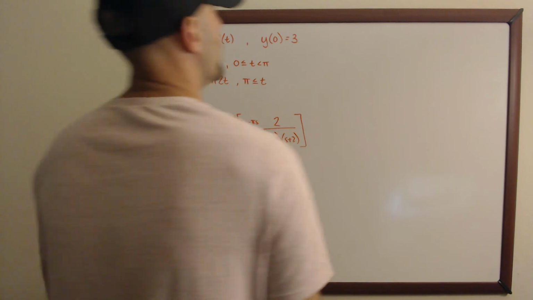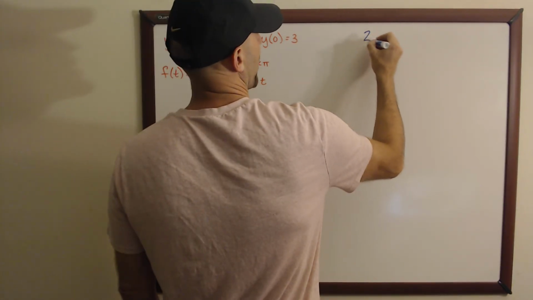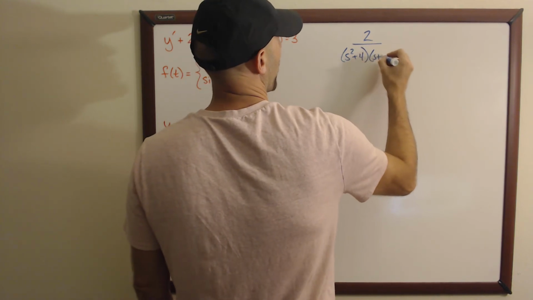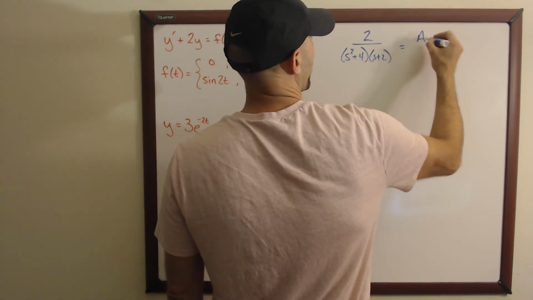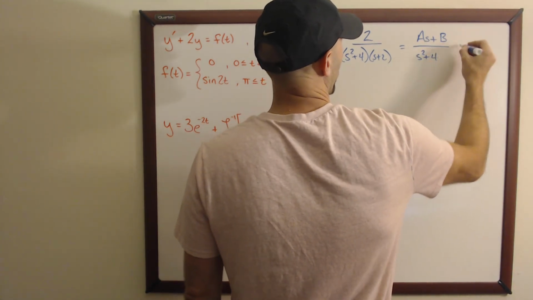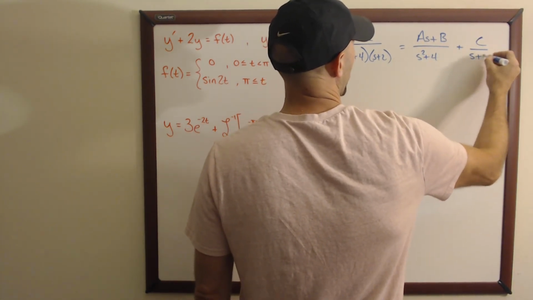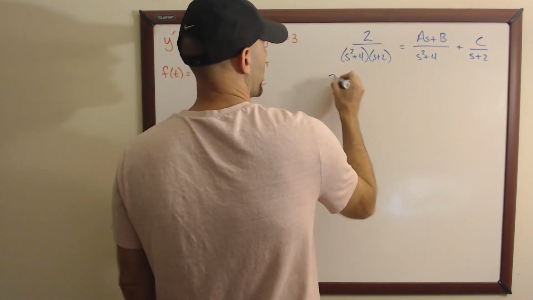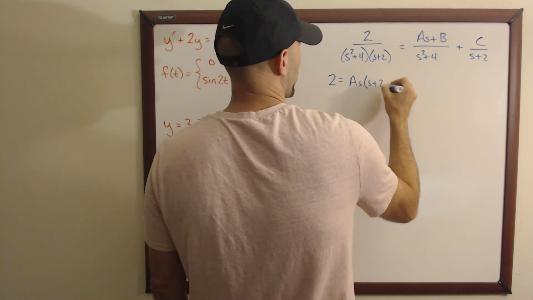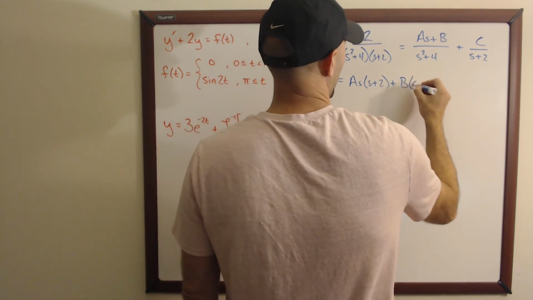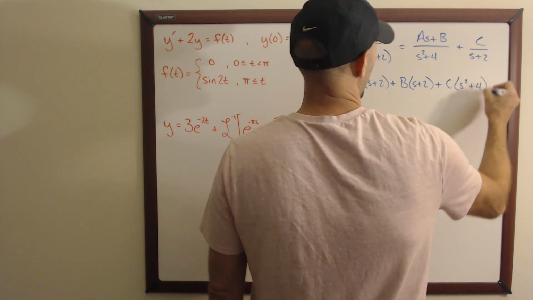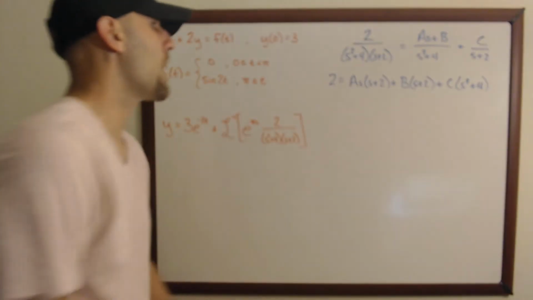All right, so again, some scratch work. I've got 2 over s squared plus 4 times s plus 2. That's equal to as plus b over s squared plus 4 plus c over s plus 2. Rewriting this, I get 2 equals as times s plus 2 plus b times s plus 2 plus c times s squared plus 4, just multiplying through by my common denominator.